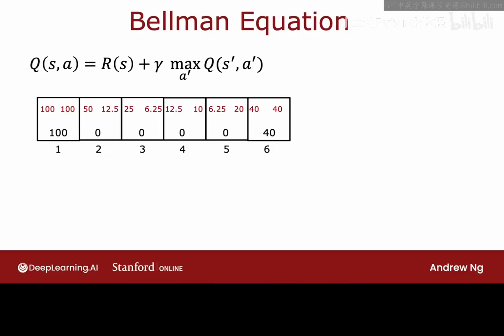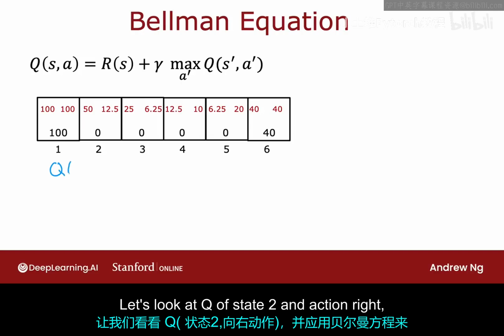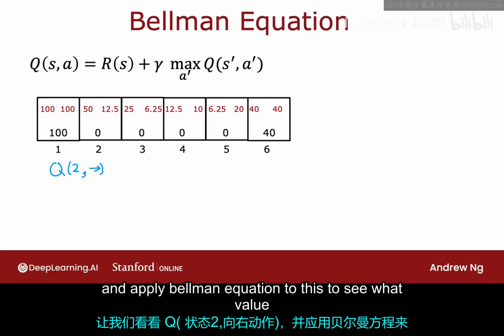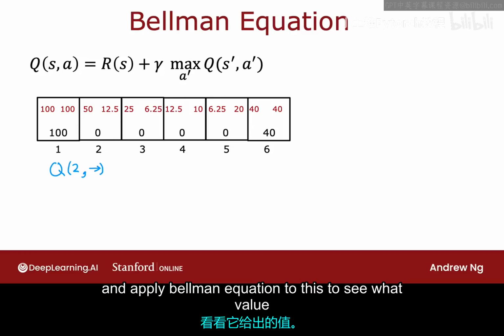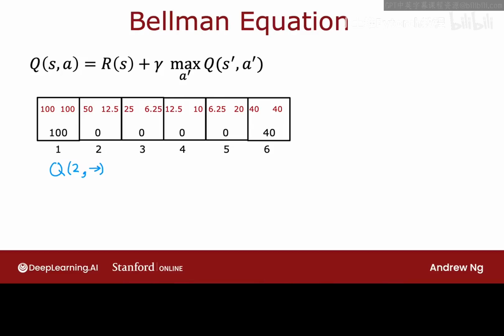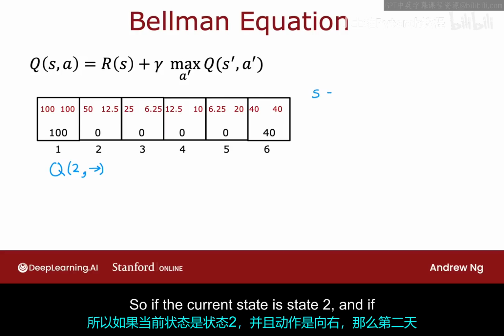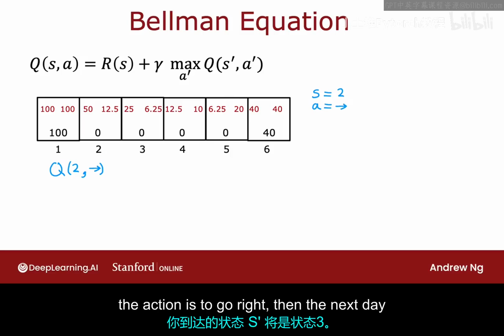Let's look at an example. Let's look at Q of state 2 and action right, and apply the Bellman equation to this to see what value it gives us. So if the current state is state 2, and the action is to go right, then the next state you get to after going right, S prime, would be state 3.